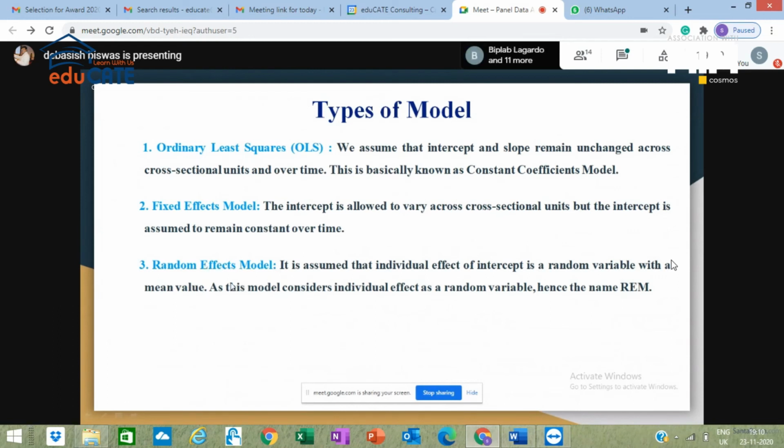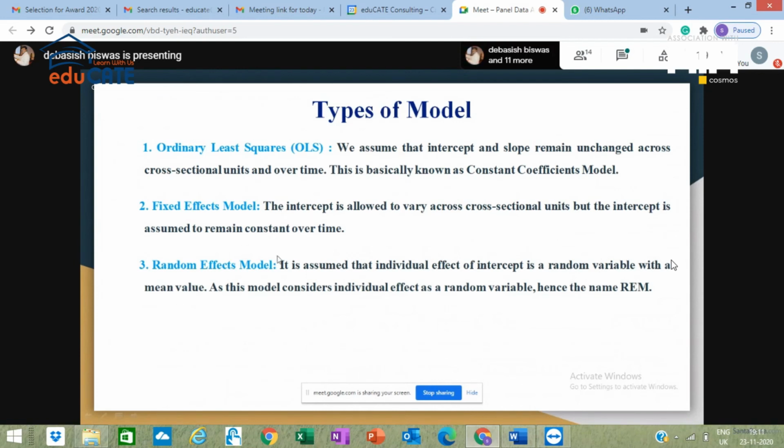But in case of the random effect model, it is assumed that individual effect of intercept is a random variable with a mean value. As this model considers individual effect as a random variable, hence the name is given random effect model. Again, I am saying it assumes that individual effect of intercept is nothing but a random variable with a mean value.